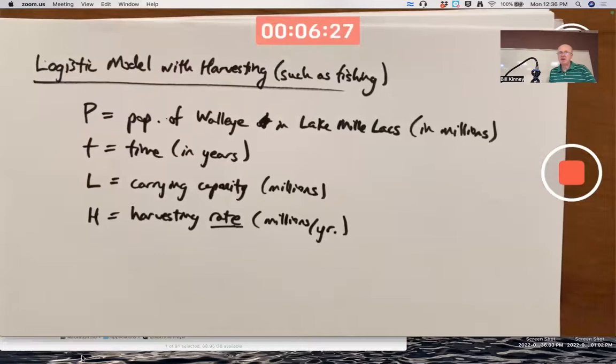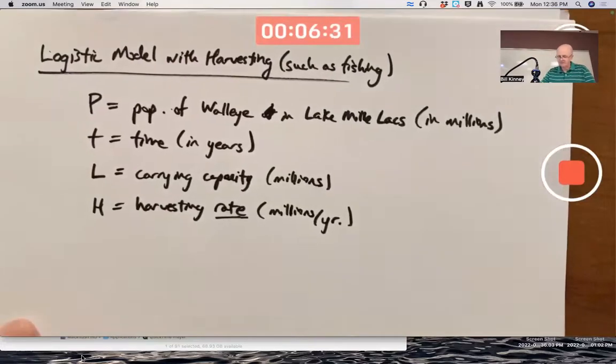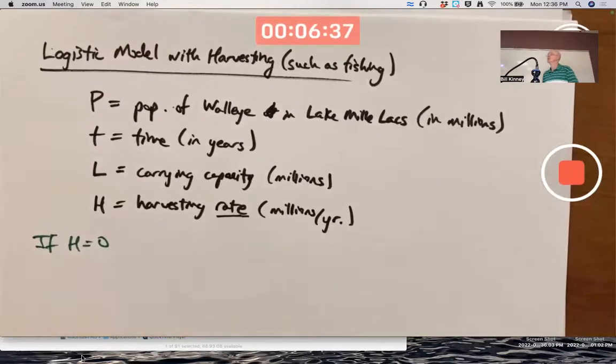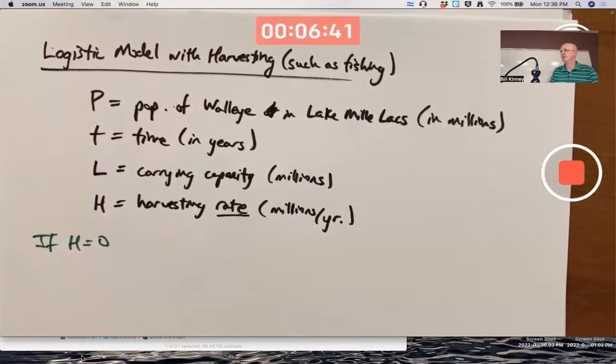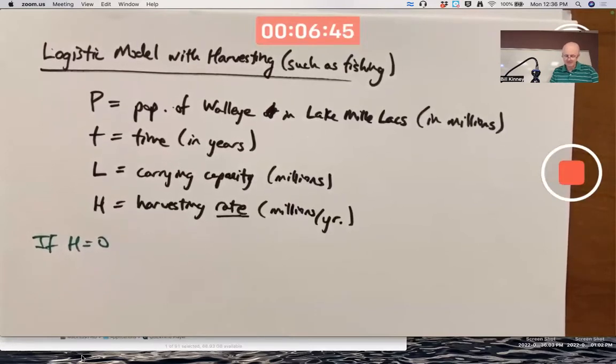So for the most part, we're going to think about the case where H is 0. But we will briefly think about the case where there is a positive amount of harvesting as a rate in millions of fish per year.